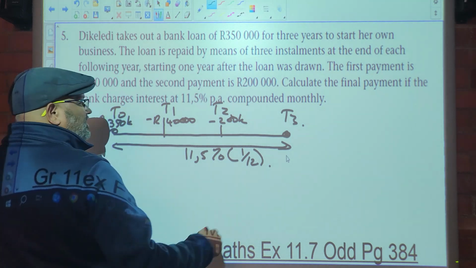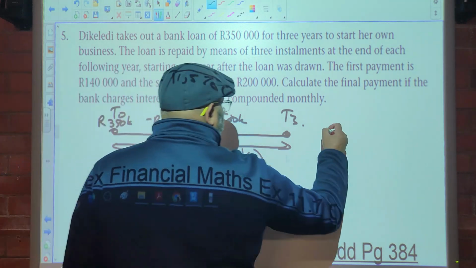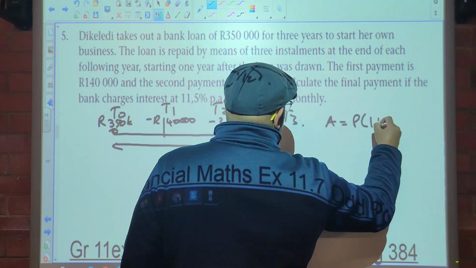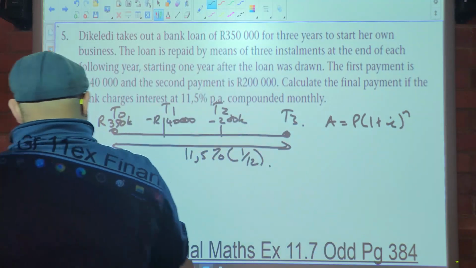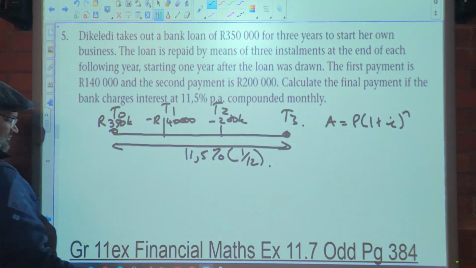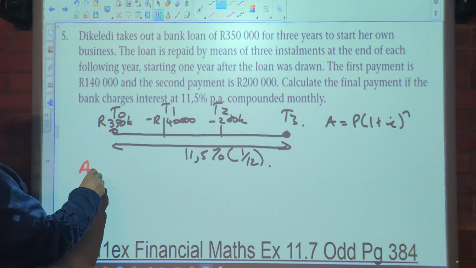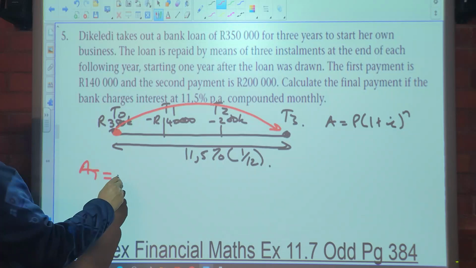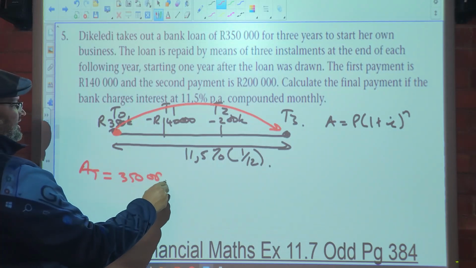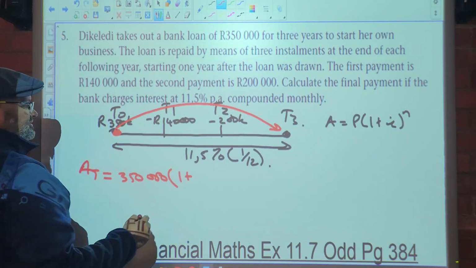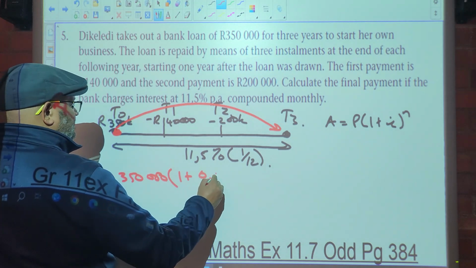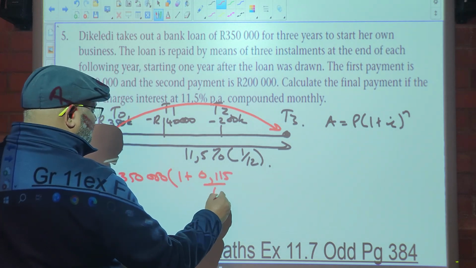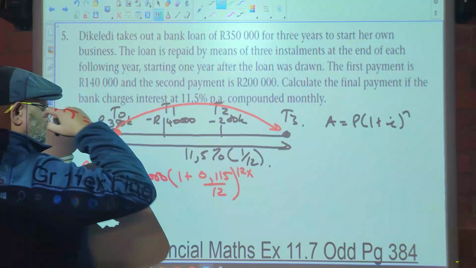So what happens when we start? Our formula: A is equal to P into 1 plus i to the exponent n. So A total. Can I take it all the way to the end? Yes. So it's 350,000 rand into 1 plus 0.115 over 12 to the exponent 12 times 3.